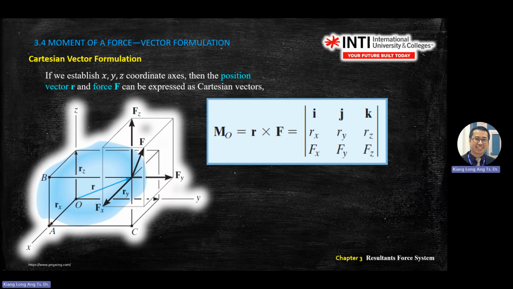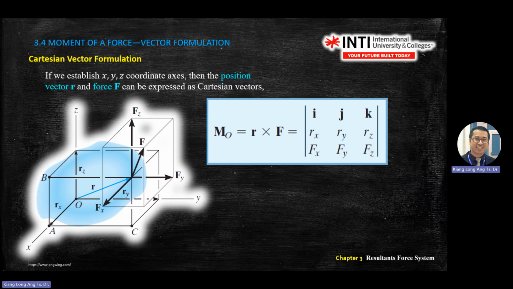You want to get I, put your finger here. Then bracket Ry Fz minus Rz Fy, positive I, because J cross K, you get positive I. Move the finger here.